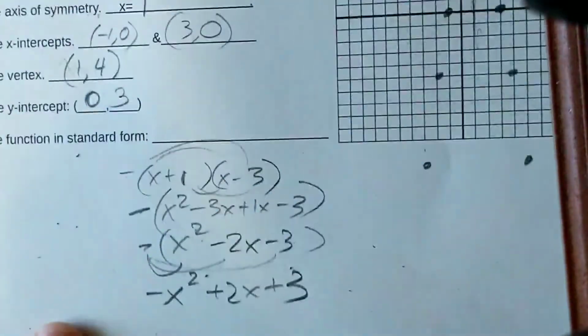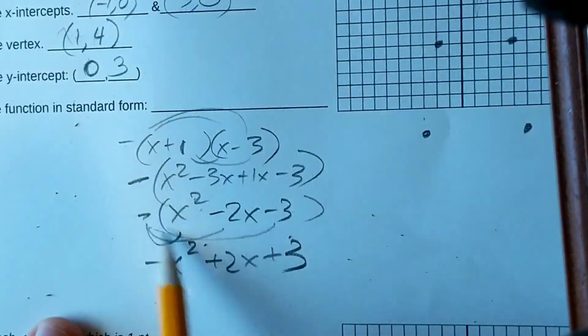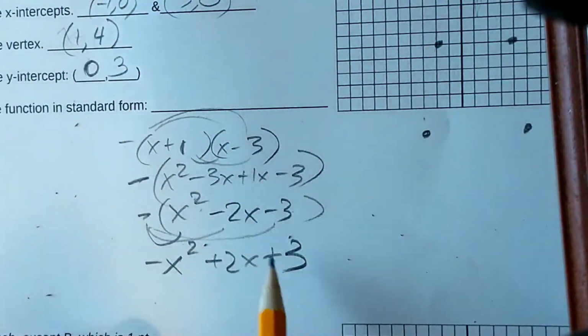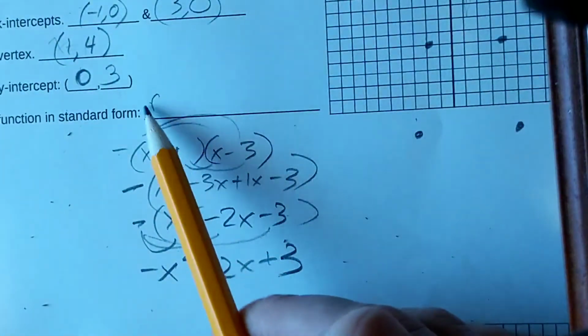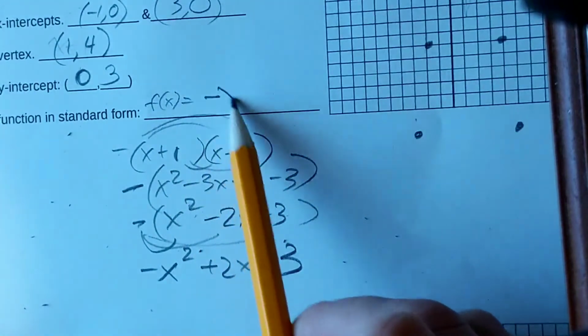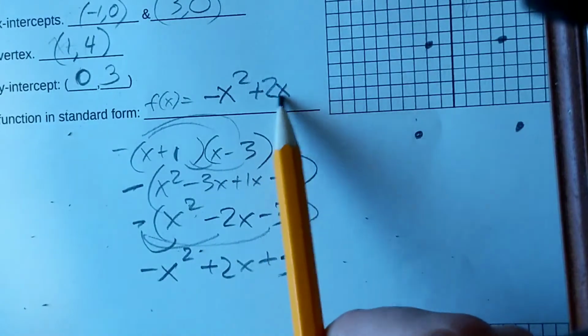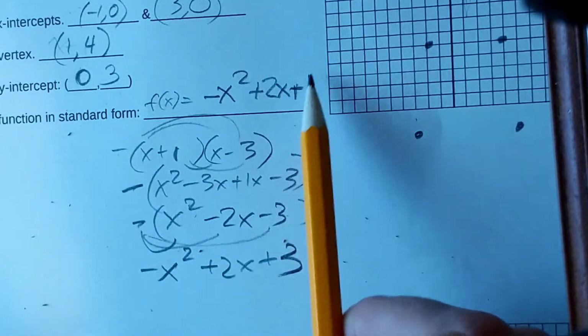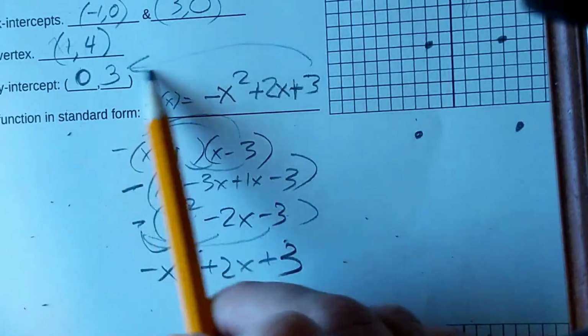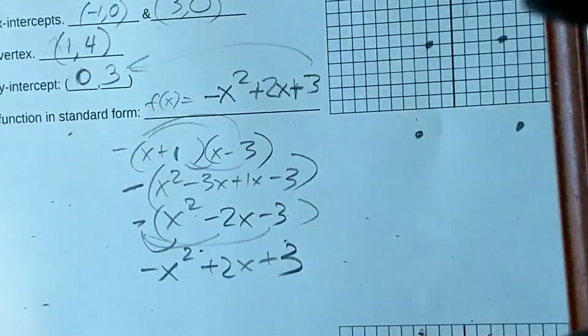Ta-da! I'm off the screen. Okay, this negative sign came in and flipped all these signs, and now we got this. So that's the standard form. F of x equals negative x squared plus 2x plus 3. Can we confirm? Can confirm. Is that everything? That looks good.